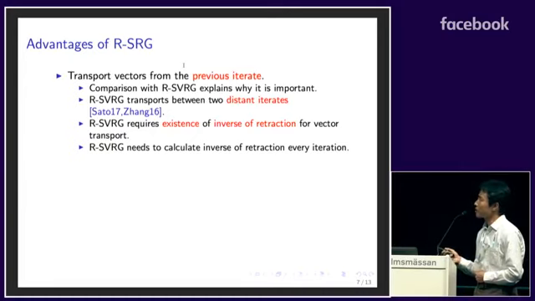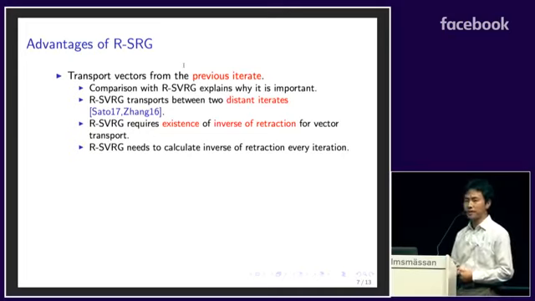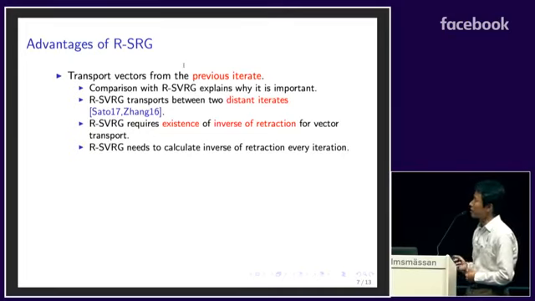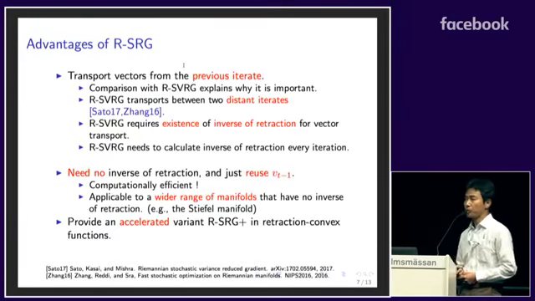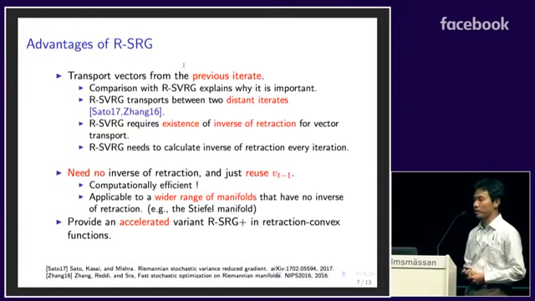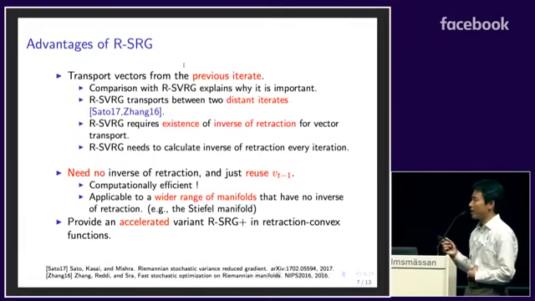Therefore, RSVRG requires the existence of the inverse of retraction for vector transport. And also, the RSVRG needs to calculate the inverse of the retraction for every iteration. On the other hand, RSRG does not need to calculate the inverse of the retraction every iteration. So that's why RSRG is computationally efficient.